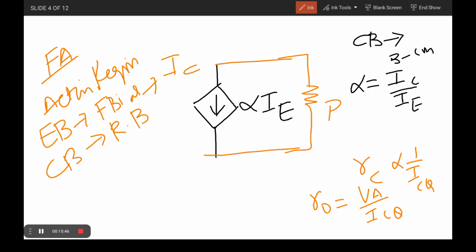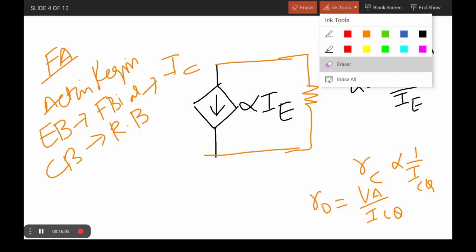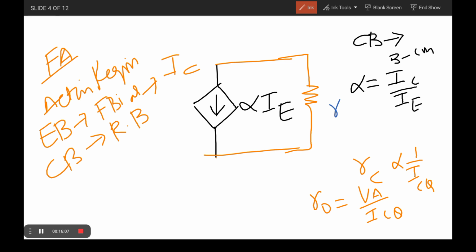I can call this resistance R0. So I will represent a small R0. So this is a small signal representation for a transistor.